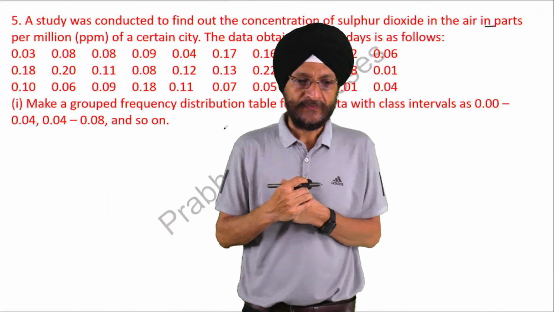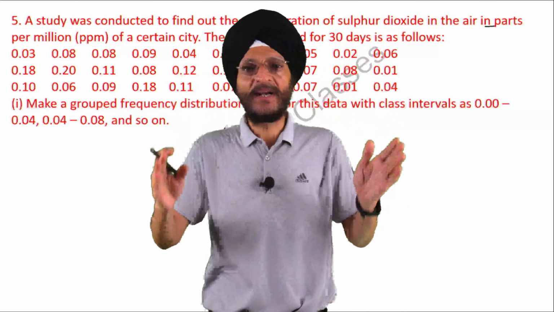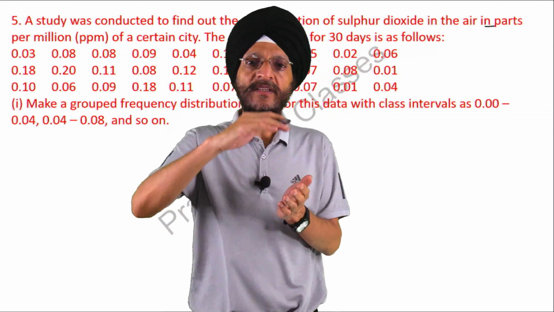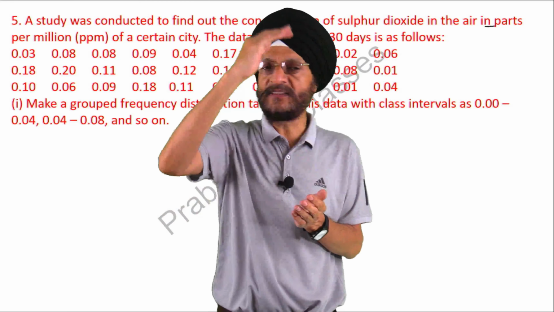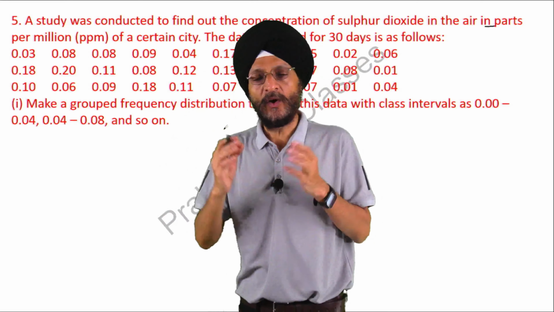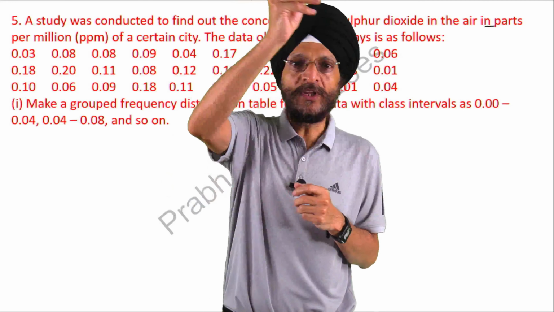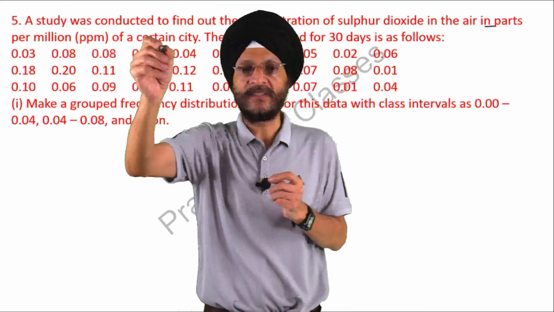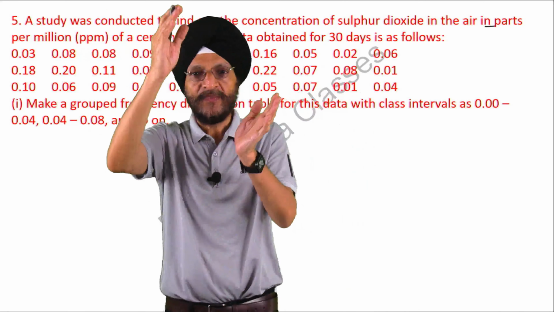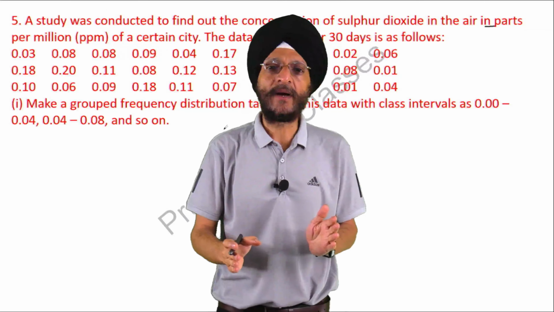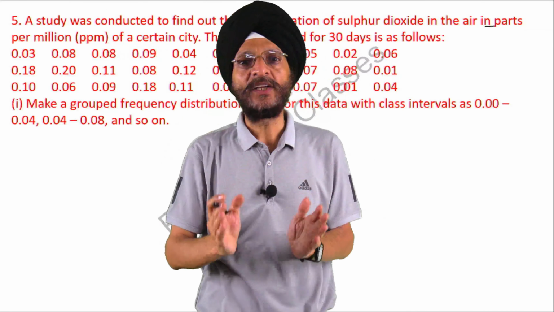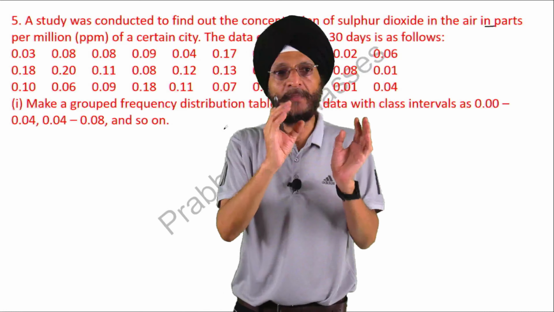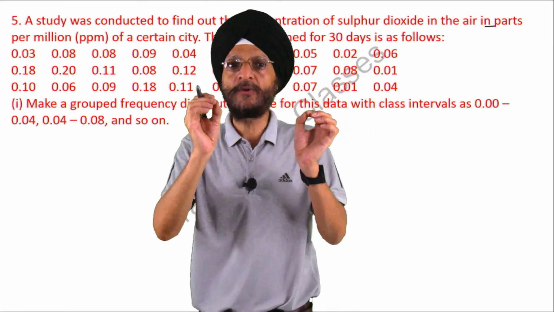What it means is that we are to build a table showing the concentration of sulfur dioxide in the air. Now, one option is that we write that on first day it was this, second day it was this, and then the table will become very long. So here we are to form a grouped frequency distribution table.